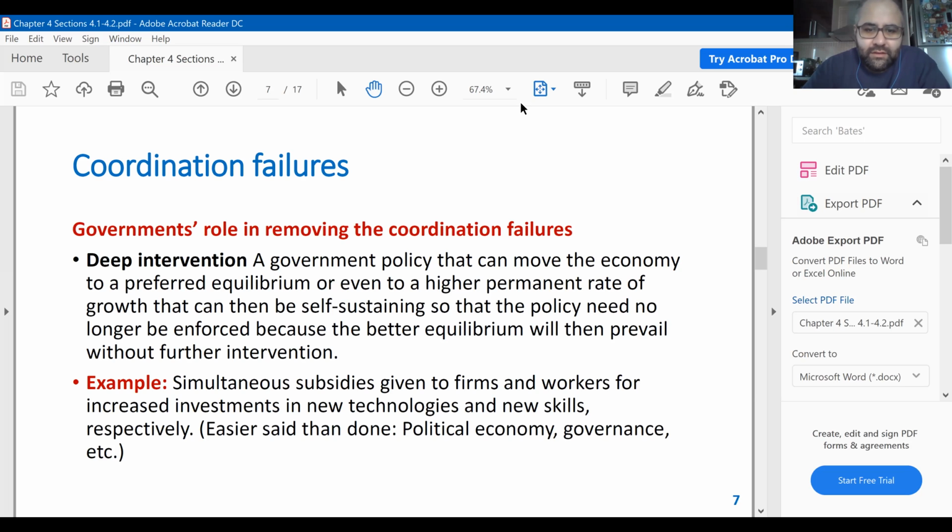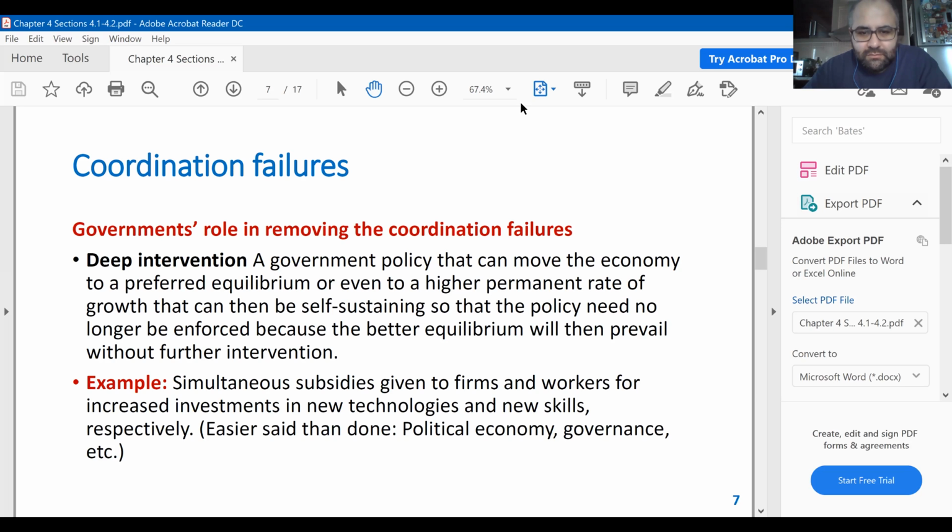So if I read it, a policy that can move the economy to a preferred equilibrium or even to a higher permanent rate of growth that can then be self-sustaining, so that the policy need no longer be enforced because the better equilibrium will then prevail without further intervention.